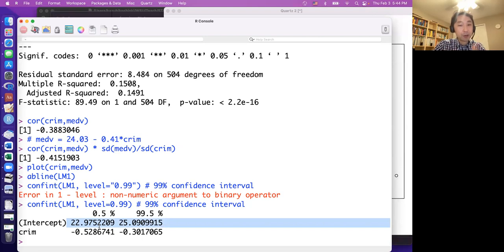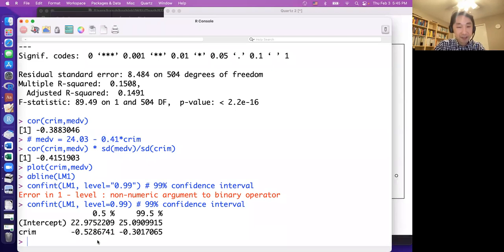So we can say that the true intercept is between these two numbers with 99% probability. And also this -0.41 is within this range. So we are not exactly sure if this is really equal to -0.41, but we can say that this coefficient is between -0.508 and -0.301. So that means at least it's negative, at least less than -0.3 with 99% confidence.